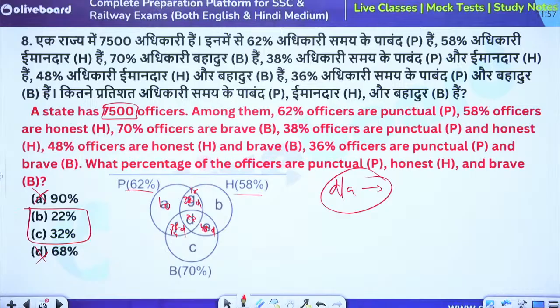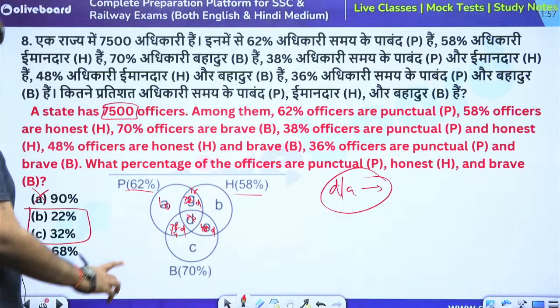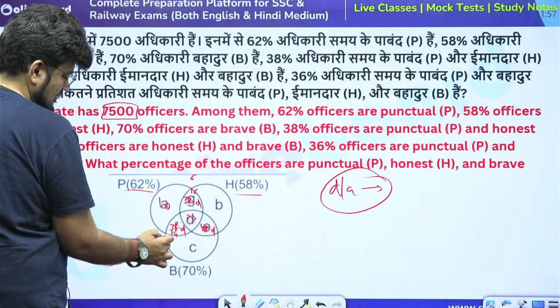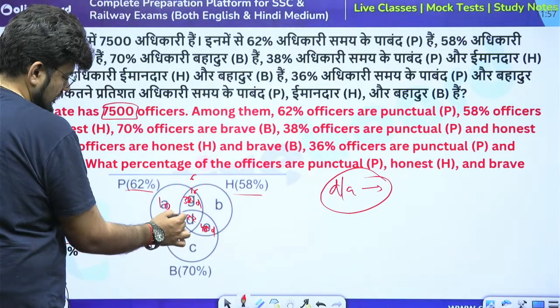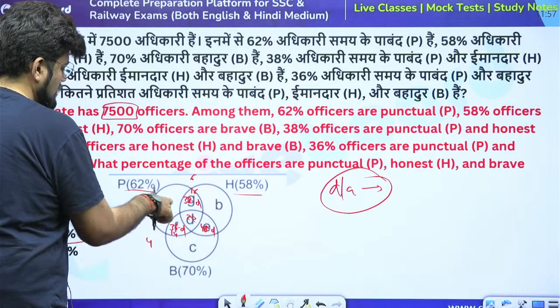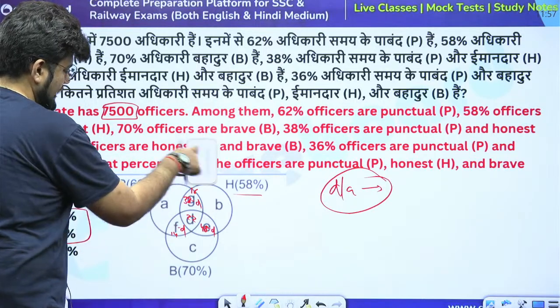And if I keep it as 32, I'll have 6 here, 4 here, 32 here, 6, 4, 10, 32, 42, 62, 20. This is still doable. So we'll have to solve this and check only. There's no other way actually.